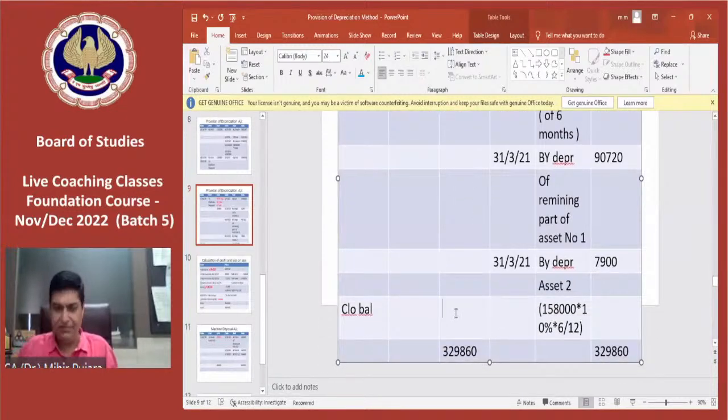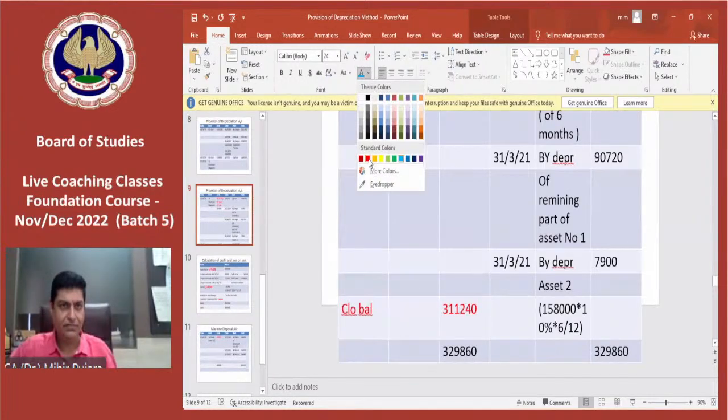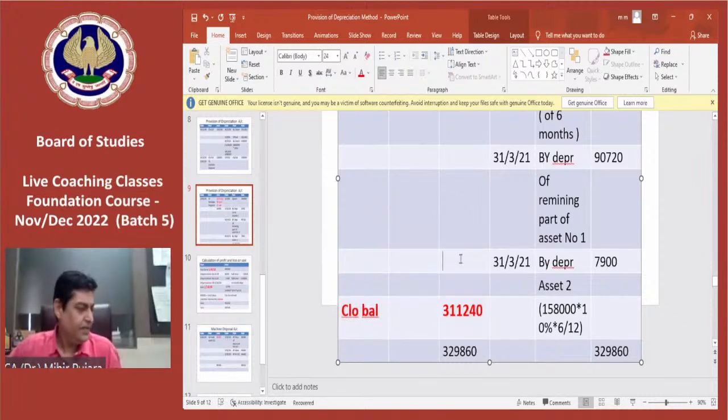So the closing balance will be 311,240. It's a closing balance.